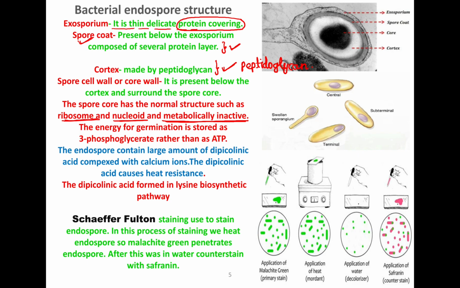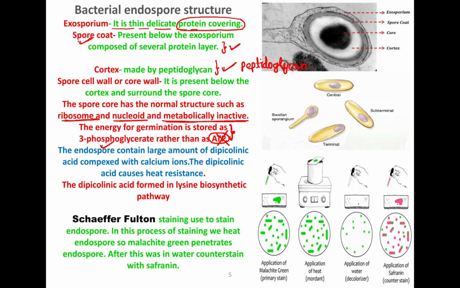Now it is observed that in the spore core of the bacteria, the energy for germination is not stored in the form of ATP. It's stored as 3-phosphoglyceric acid, or 3-phosphoglycerate. It's a great difference.